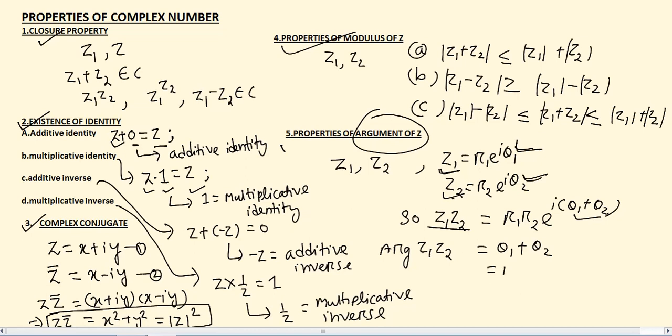So we can write argument of z1 plus argument of z2. So this is an important result. Argument of z1 z2 equal to argument of z1 plus argument of z2.